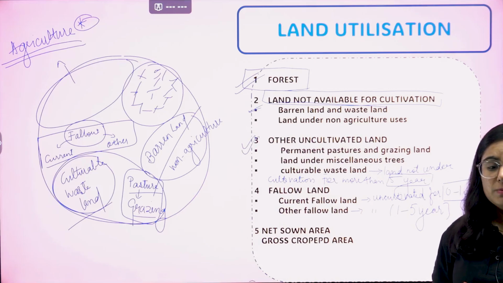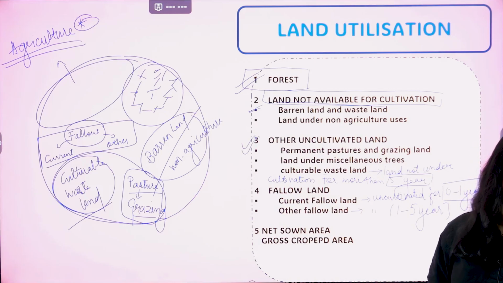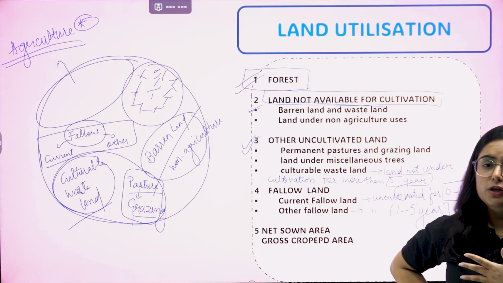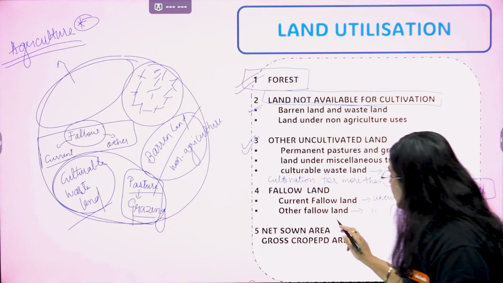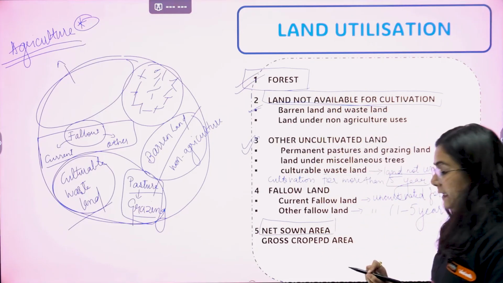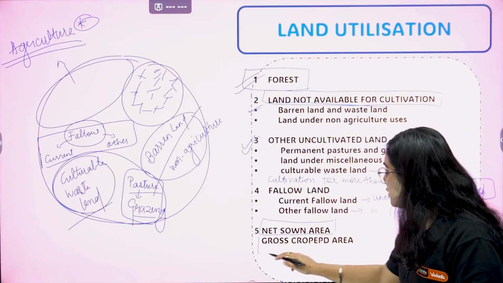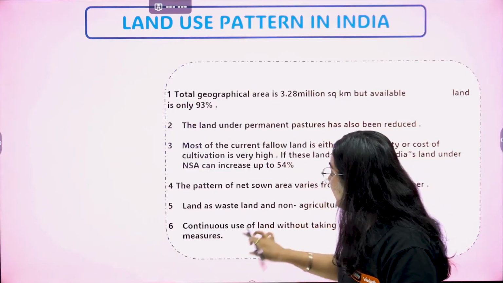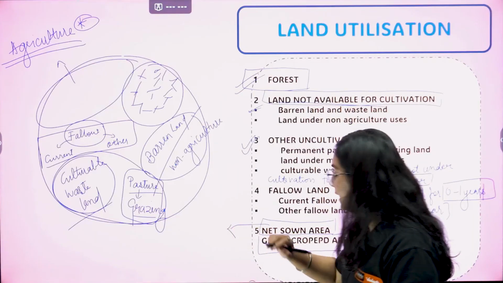Both terms are important for your examination, because either a 2-marker question or the direct definition can come. The first is net sown area, and the other is gross cropped area. We will talk about net sown area first, and then move to gross cropped area.